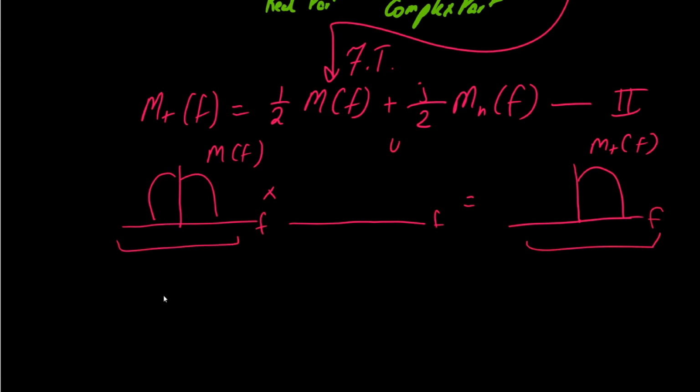We would have a unit step function u of f that has this characteristic that for positive frequencies it has a value of 1, and for negative frequencies it has a value of 0. Multiplying these two together would yield m plus of f. So we can say that m plus of f is equivalent to m of f times u of f.